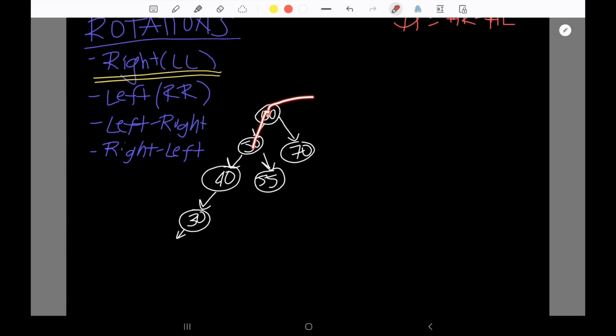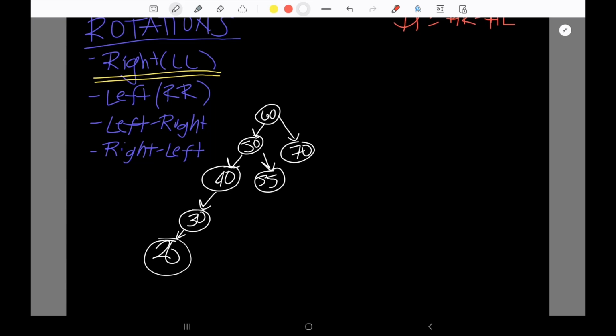Is 20 less than 50? Yes. So we're going to the left side. And less than, yes. Less than, yes. No more node to connect, so we're gonna input 20 to the left of 30.